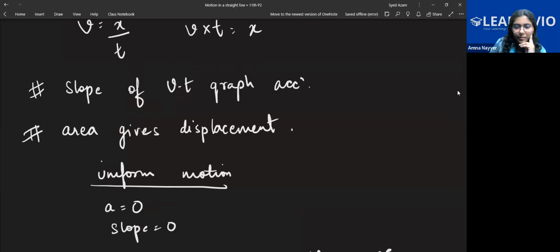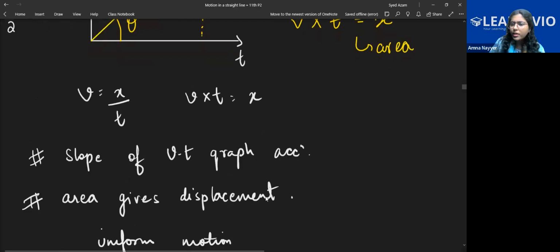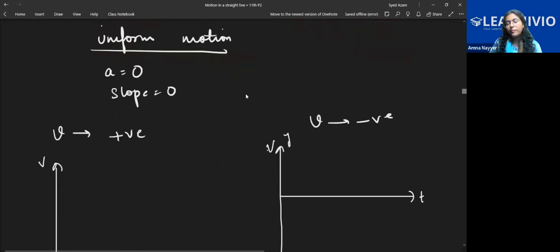Till here you have written these points also, no? So for uniform motion, if you plot the graph, acceleration is 0.